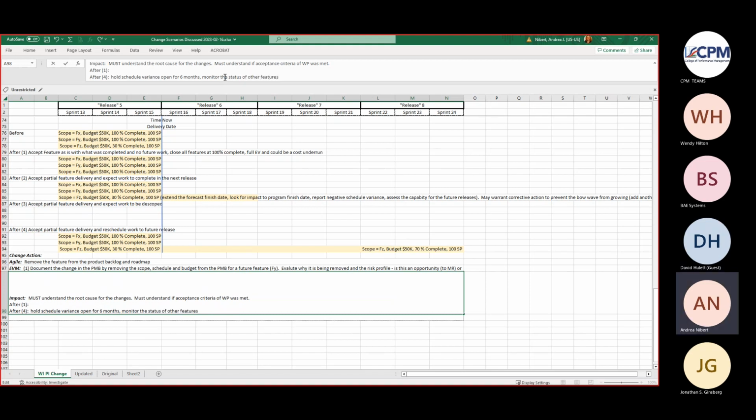Yeah, and remember, this is a joint effort with the contractor and the product owner. So there could be other directed change coming from the product owner where this might make sense. Could be. Oh yeah, that depends upon the reason why they didn't complete the scope.